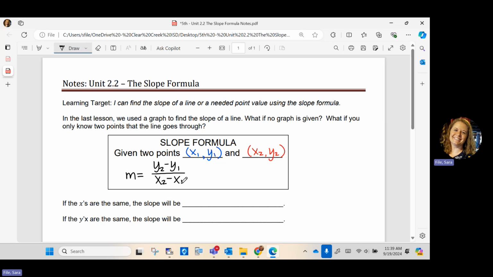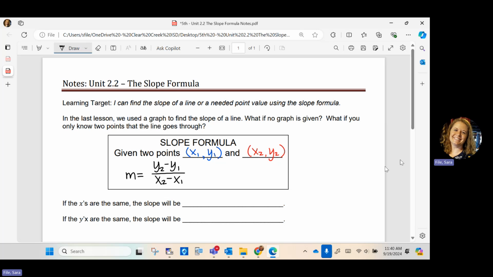If the x's are the same, let's think about this. If my two x values are the same, let's say they're 2, what's 2 minus 2? Or if they're both 10, 10 minus 10, it doesn't matter. If they're the same, when you subtract, you're going to get 0.